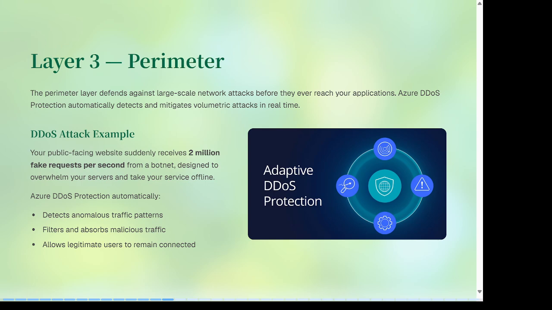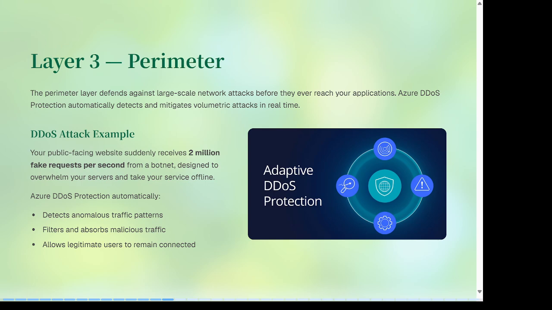If it detects unusual spikes or suspicious behavior, it immediately flags it as a potential attack. Once the attack is identified, Azure automatically separates legitimate user traffic from malicious bot traffic. Only real users are allowed through.